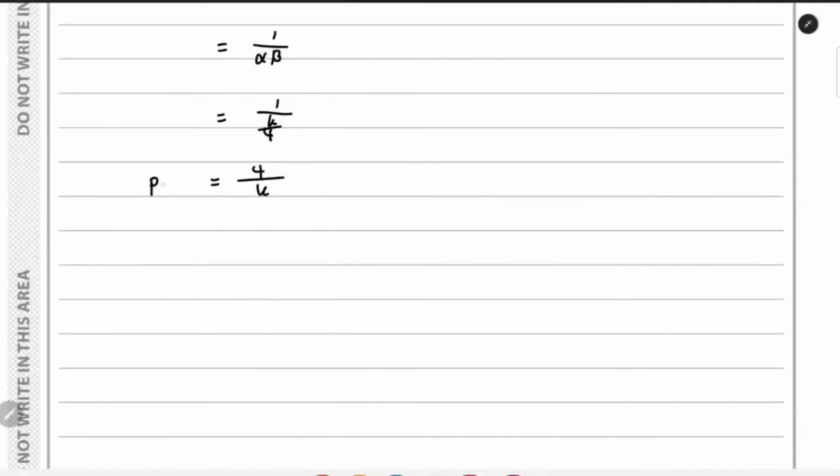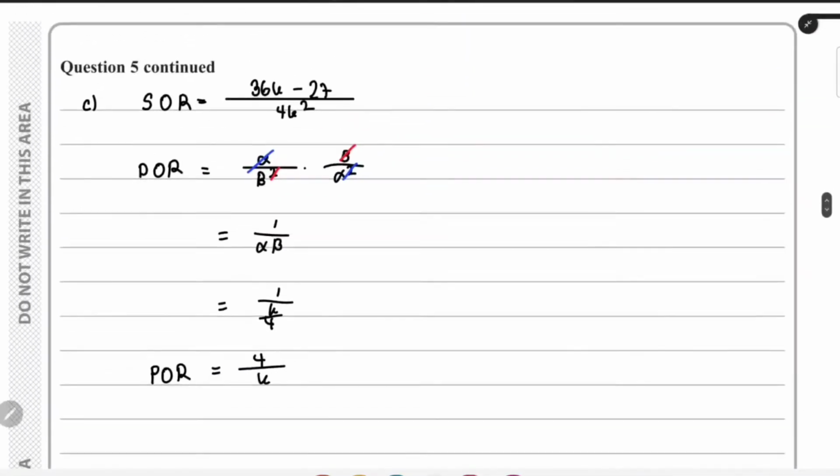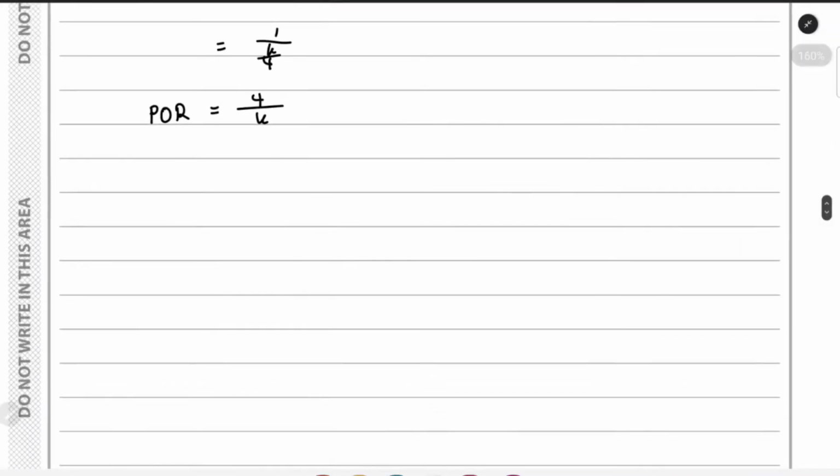The product of roots is 4 by k, and the sum of roots is 36k minus 27 divided by 4k square. So I can write the quadratic equation in this form: x square minus the sum of roots times x plus the product of roots equals 0.